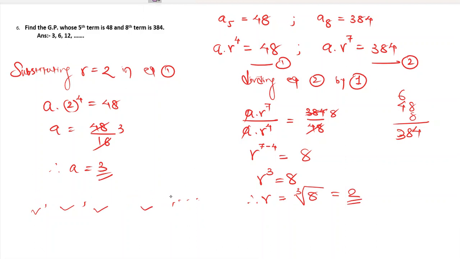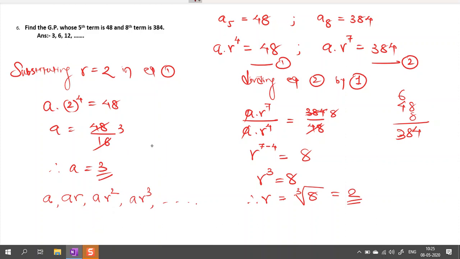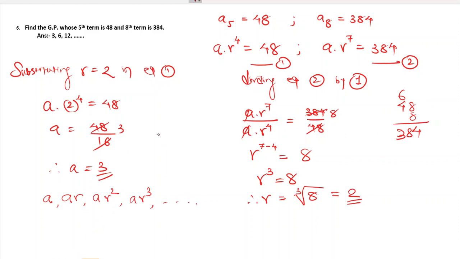If you see carefully, that sequence can be written as A into R, A into R square, A into R cube, and so on. So you know A and you know your R. That's how you can find the GP.